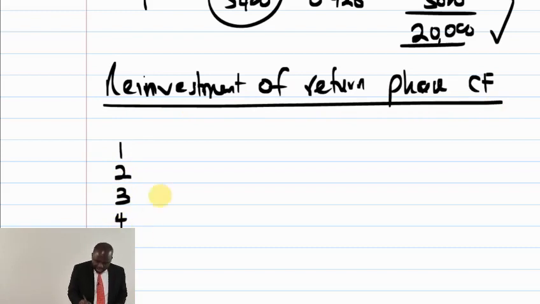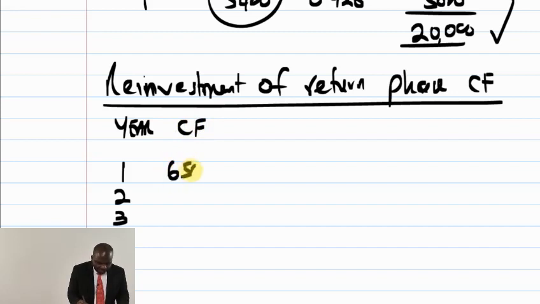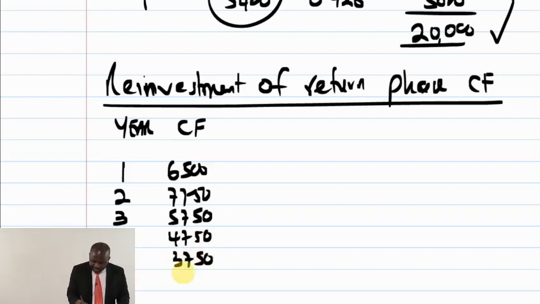It's for 5 years. Let me leave space here, 1 minute. So 1, 2, 3, 4, and 5. These are the years. Then cash flows given: 650, 750, 750, 750, and 750.